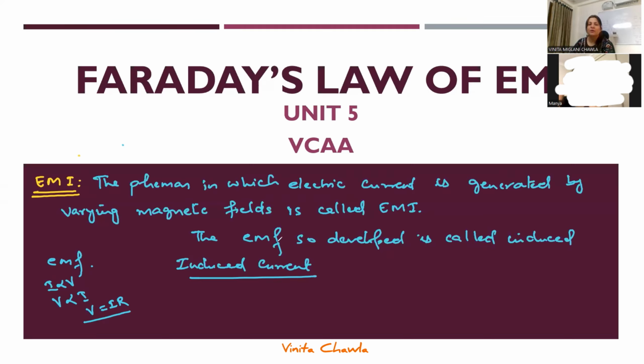So here also we can relate the EMF produced and the induced current like this. We denote EMF by small letter E and induced current by I, and R is the resistance of the coil that we're taking. So we can write E is equal to IR, or if I want to find the induced current, I is equal to E by R. So using Ohm's law, we can relate induced current with induced EMF.